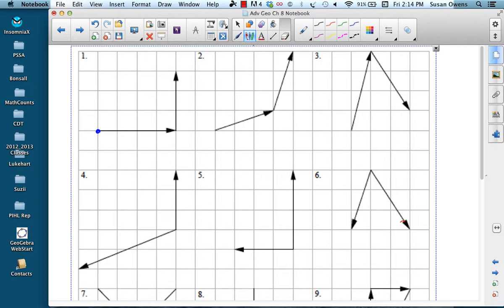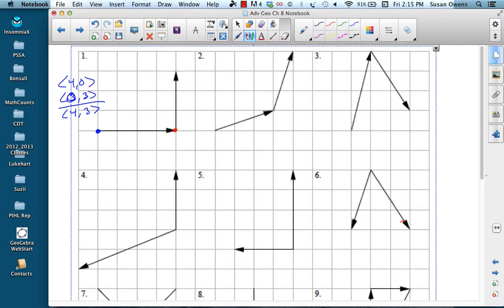So what's the first vector? 4, 0. The second vector, remember, you always name as if the initial point is the origin. The second one is 0, 3. You add them together, you get 4, 3.